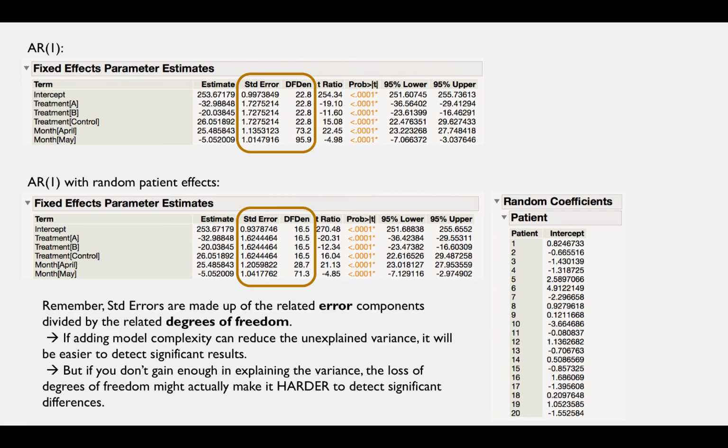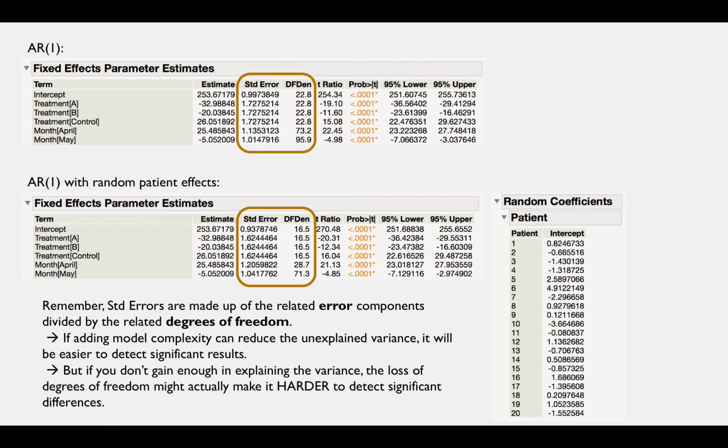So really there's two things that happen. Those standard errors are impacted by the degrees of freedom, which is sort of the sample size that's left over for us to use. But they're also impacted by the error component. So if adding the random patient effects explains a lot of variance, then that might be worth it. So we take away degrees of freedom, but if we add a lot of explanation, it might be worth it.